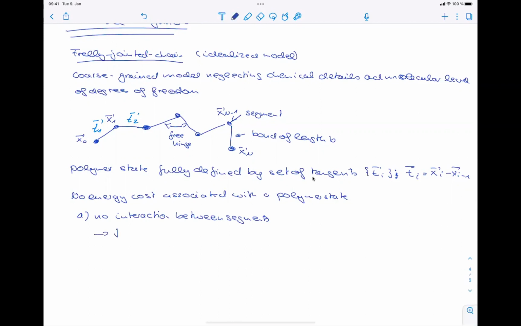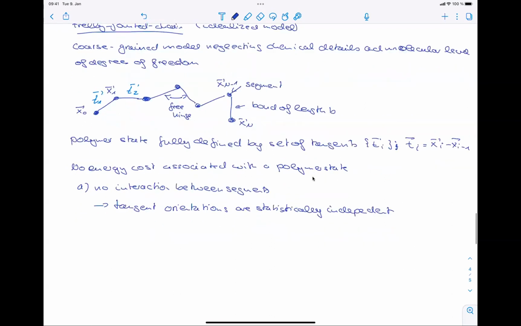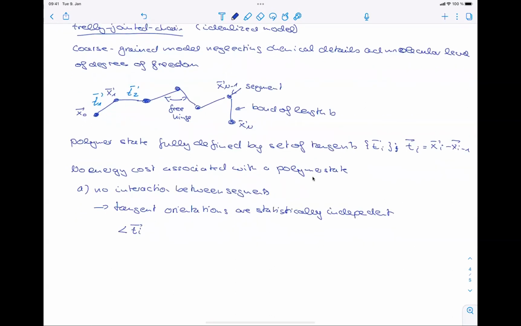So that means that the tangent orientations are statistically independent, which means that Ti and Tj with i unequal j, so two different tangents, if I just take them and there's no interaction between them, the correlation should be 0.